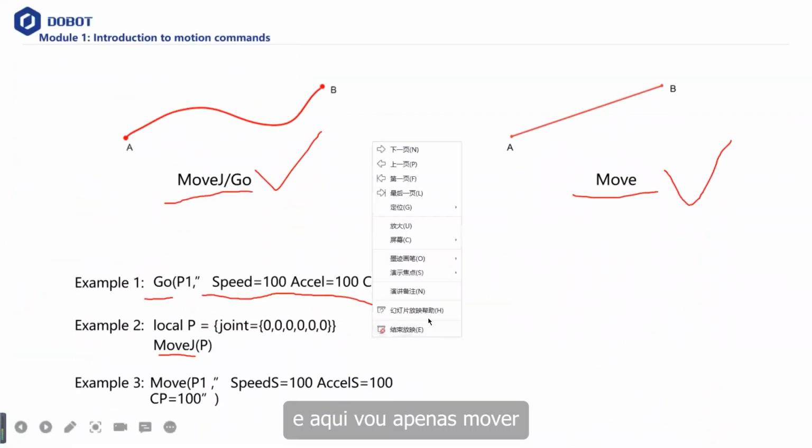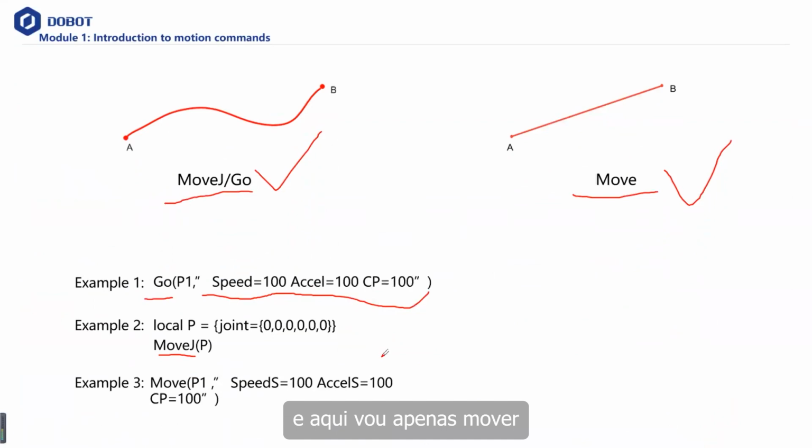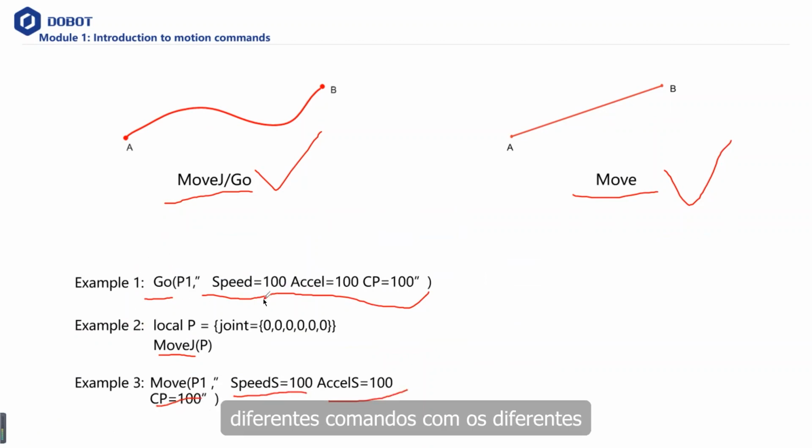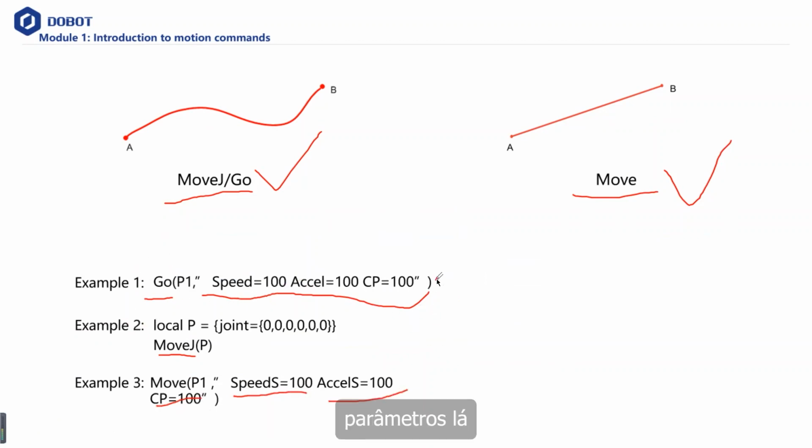And here also Move. This is speed 100, acceleration, CP 100 as well. So we can combine the different commands with different parameters in there.